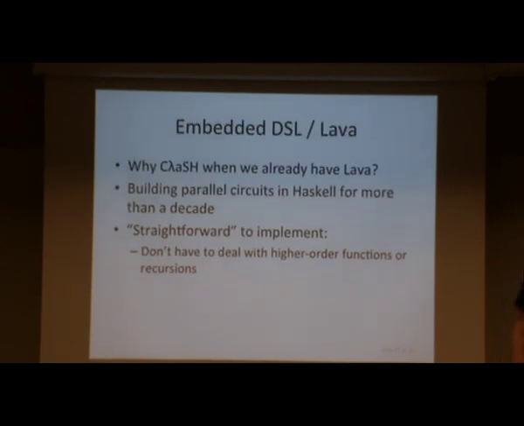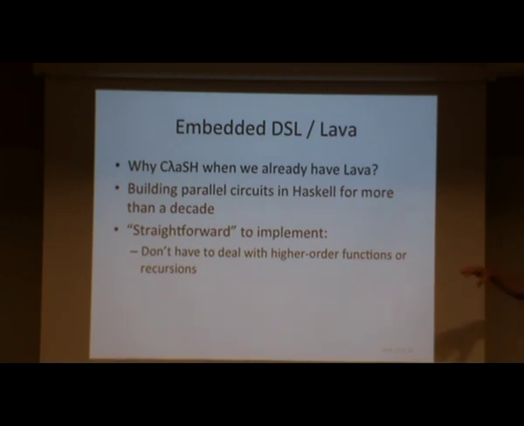So yeah, I promised: why would you use CLaSH instead of Lava, which we've been using for a long time in this community? Lava is sort of straightforward to implement as long as you take care of the observational sharing part. So it's been looked at for a long time and sort of handled.